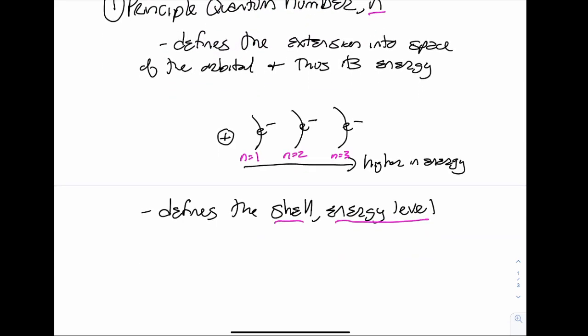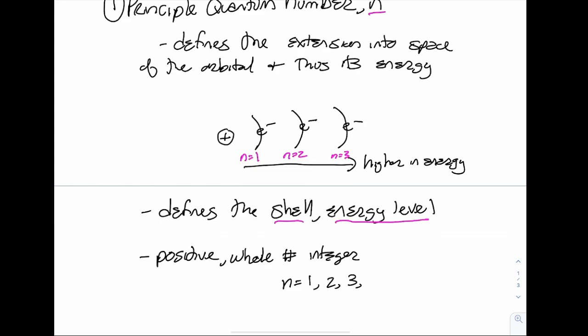Mathematically, n is always a positive whole number integer. So n is always going to be 1, 2, 3, etc. N is never going to be 4.76 or -2. It's always just going to be a positive whole number.